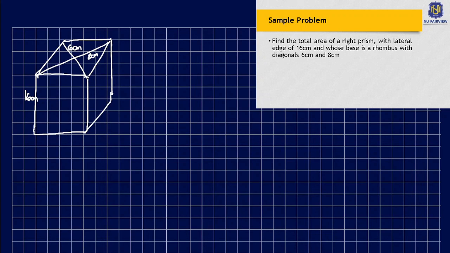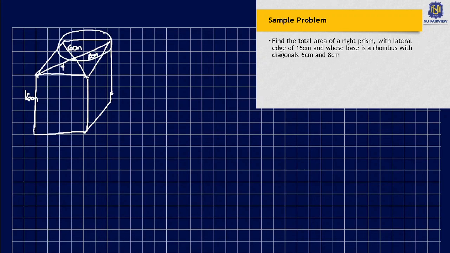Okay, so now we have a right prism. Now, let's take into consideration na yung diagonals ng rhombus nyo bisect each other. So, kung yan ay binisect, ibig sabihin, 4 ito at 4 din ito. So, midpoint kumbaga.